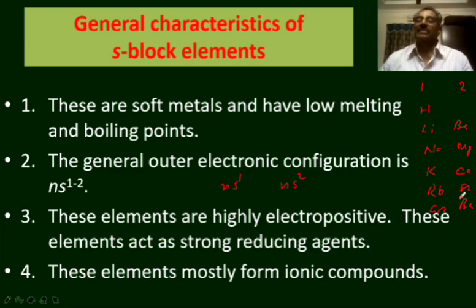These possess 2 electrons in the valence shell. You know that the elements in the first group are said to be the alkali metals, and the elements in the second group are said to be the alkaline earth metals. So alkali metals and alkaline earth metals belong to the S block.